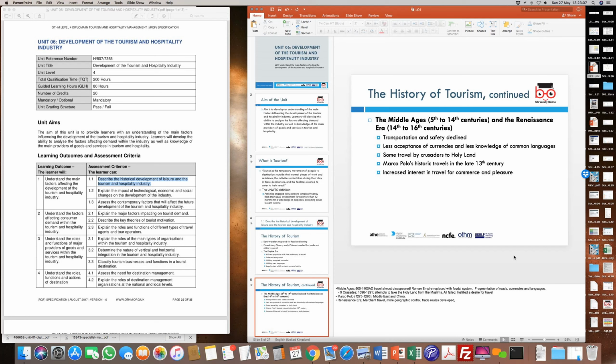But later on, there was a bit of a resurgence in this. And in the Renaissance era, what we do see is that there were delegations or congregations of people sent across to establish trade links with different countries. And that is where essentially we see sea travel starting to originate.